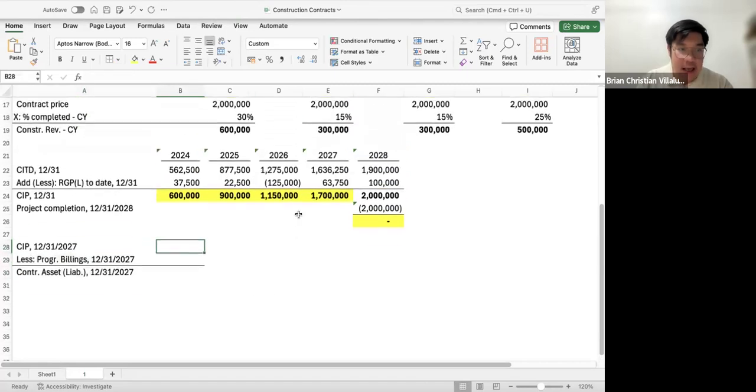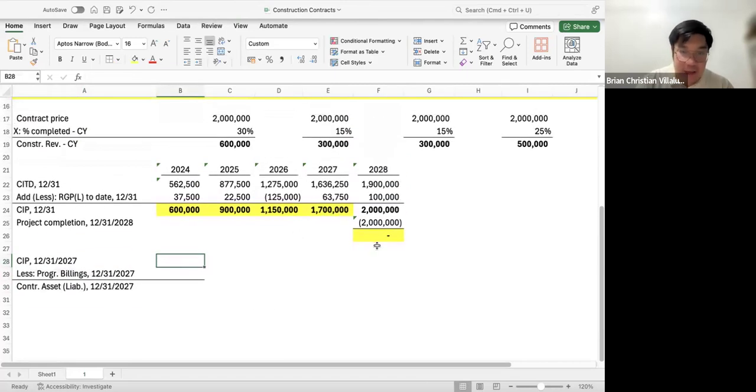Yan. So to answer number 4, this will be our formula. CIP December 31, 2027, that's 1.7 million based on our answer in number 3. Then for the progress billings, titignan nyo lang yung billings on contract, no? Tingnan nyo, iba-iba yung amounts, tama? And wala tayong clear trend na makita whether increasing ba siya or decreasing, di ba? So kapag walang trend tayong makita, ang ibig lang sabihin niyan, class, yung billings na given sa atin ay on a per year basis.